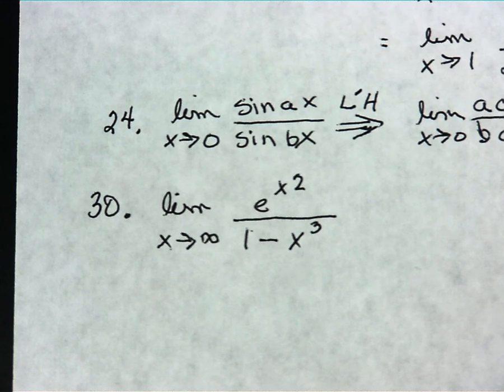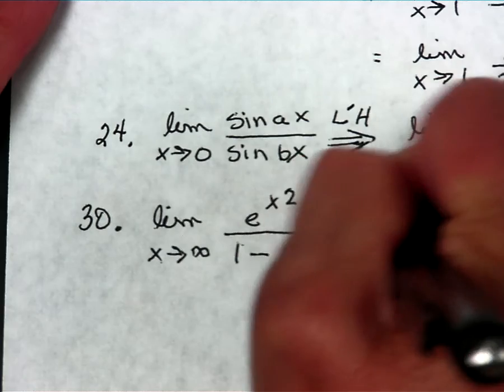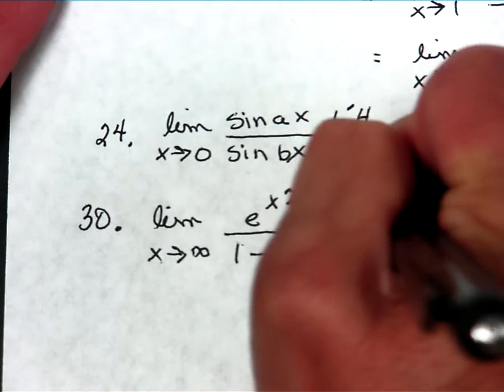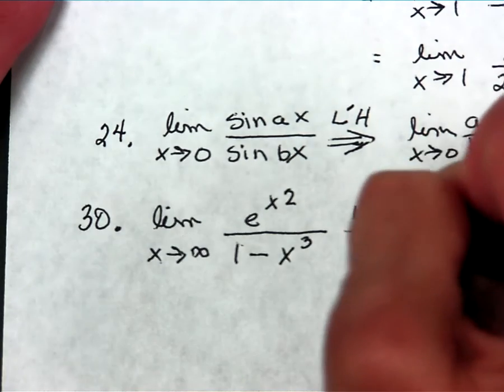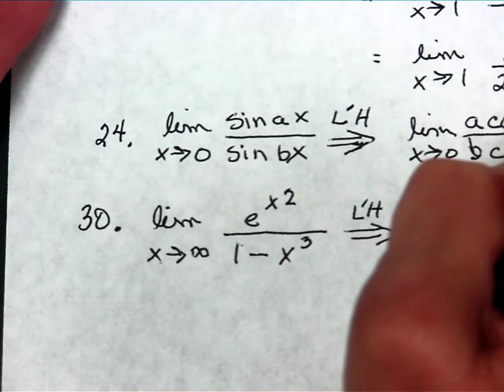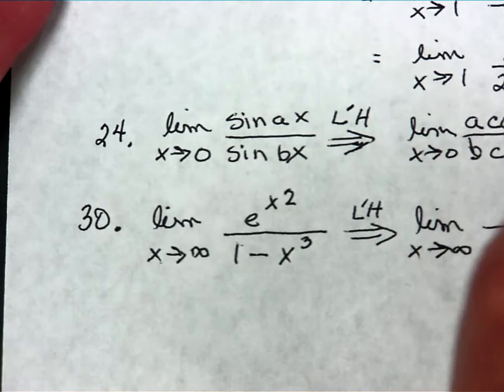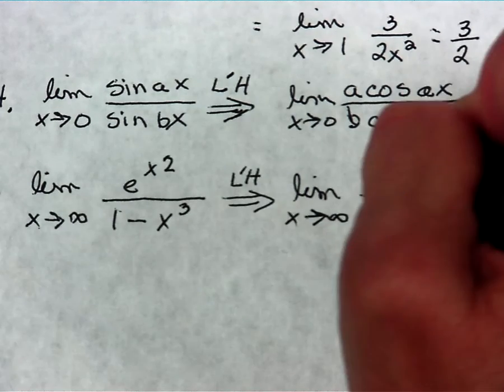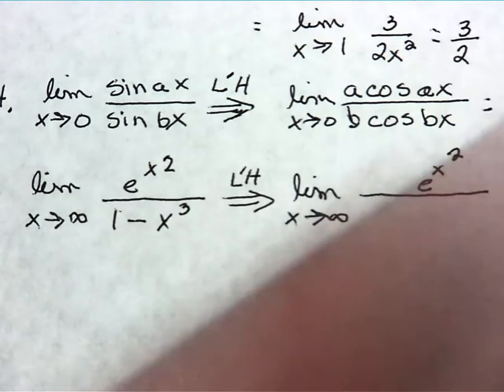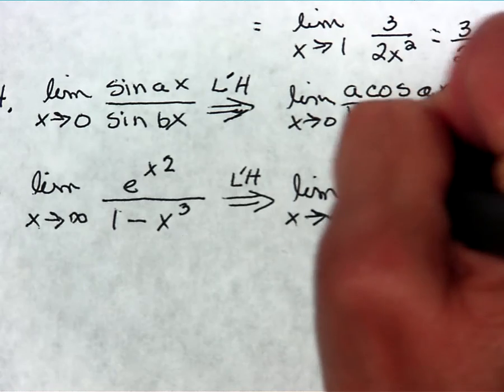It's not going to be 30 points on the test. L'Hopital's rule. What is the derivative of e to the x squared? E to the same old ugly times the derivative of the ugly.